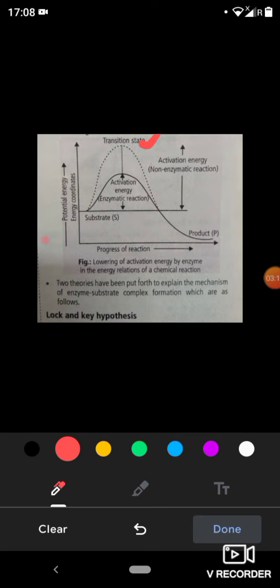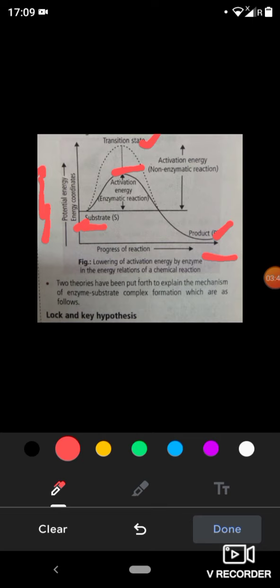You can see on the x-axis the progress of the enzymatic reaction, and on the y-axis the potential energy or the energy coordinates. And you can see this is the substrate, this is the transition state, and this is the formation of the product. So the enzyme lowers the activation energy of the reaction and allows a large number of molecules to react at a time.